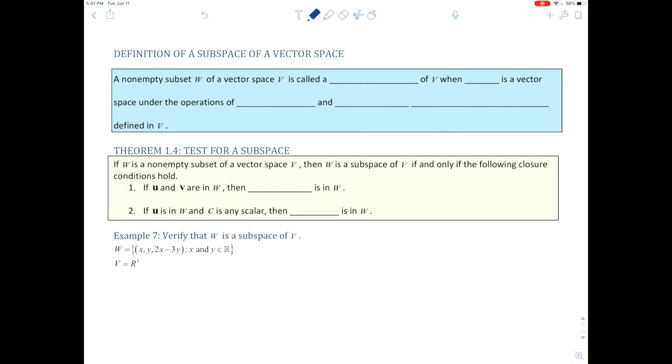A non-empty subset W of a vector space V is called a subspace of V when W is a vector space under the operations of addition and scalar multiplication defined in V. And don't forget, you have to also check this non-empty subset part. All right, so there's 4 things you got to check out.